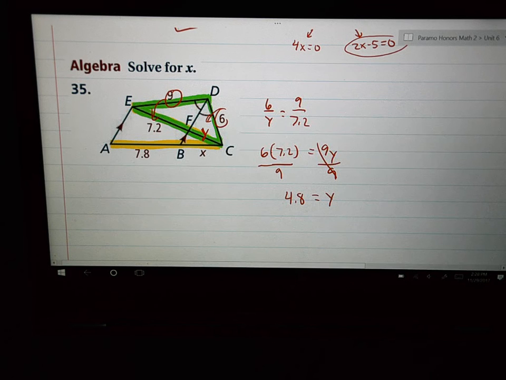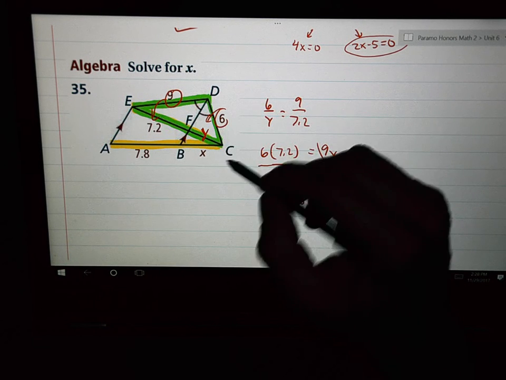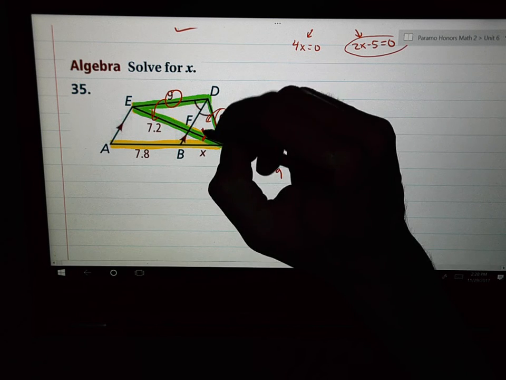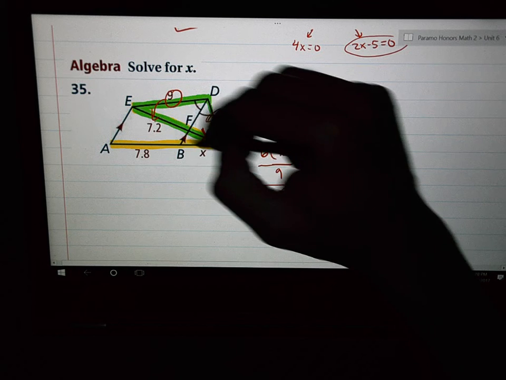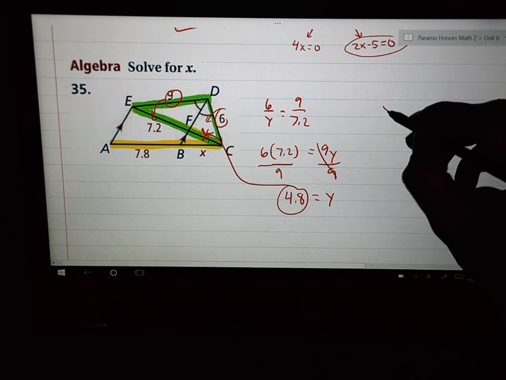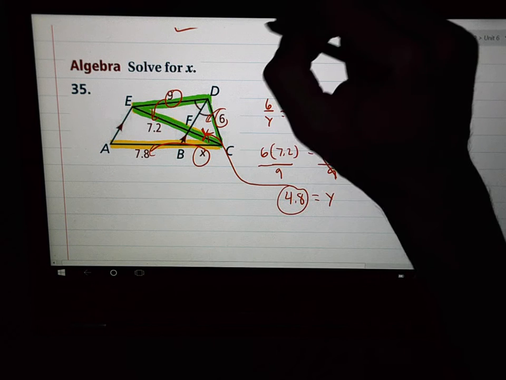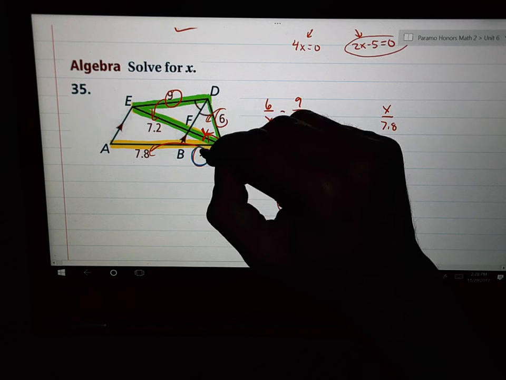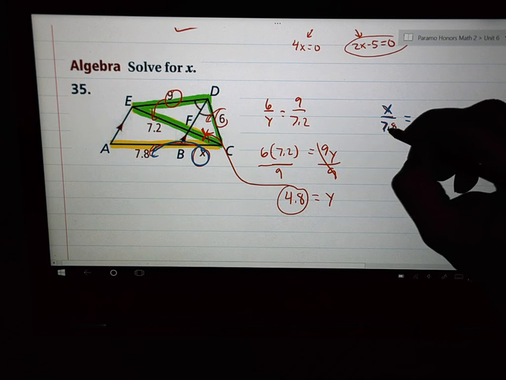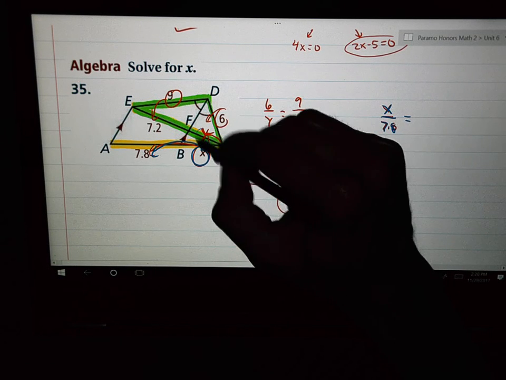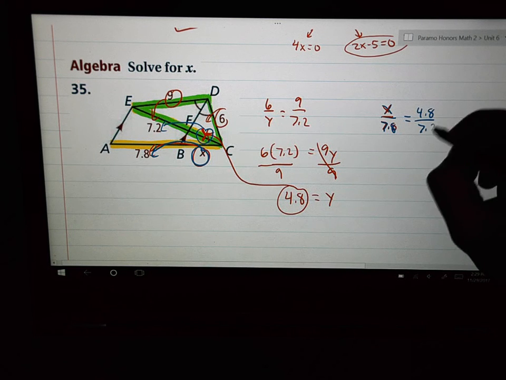Is that what I'm looking for? No. But can I use that to figure out what x is? Now that we know what this piece is, I can go back to that other proportion. x over 7.8, let's go this over that. I probably should switch colors now to blue. This over that is equal to this value over the 7.2: 4.8 over 7.2.